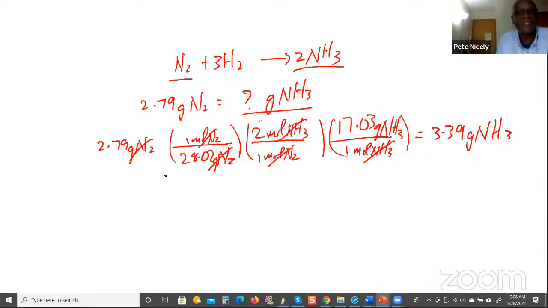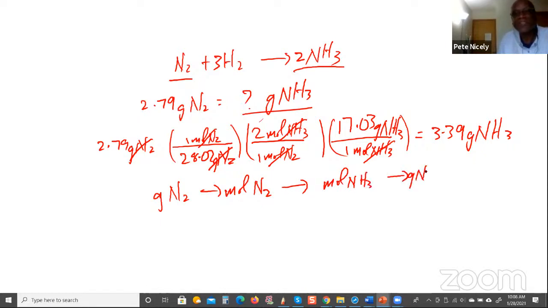As you can see in this example, I went from grams of nitrogen to moles of nitrogen, then from moles of nitrogen to moles of ammonia, and then from moles of ammonia to grams of ammonia. That's basically the pathway I followed in order to get to what the question is asking for.